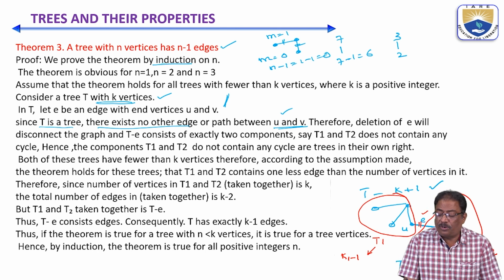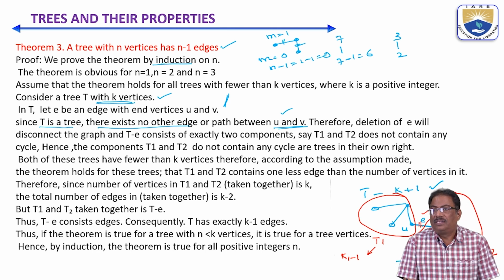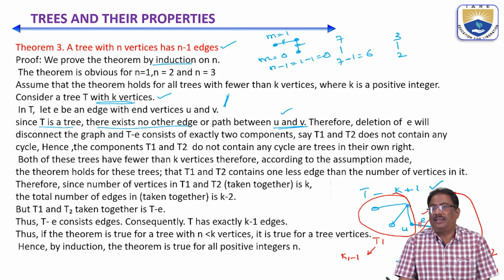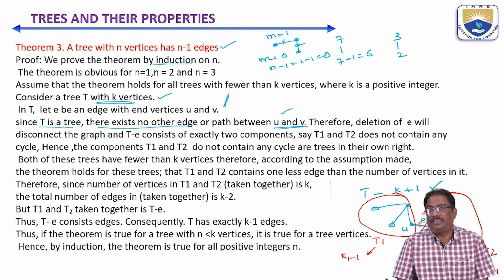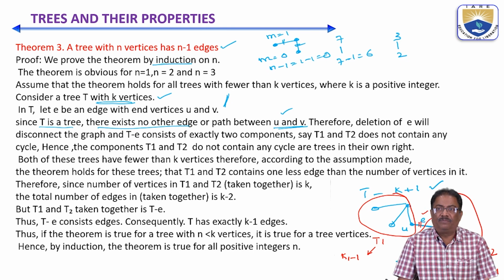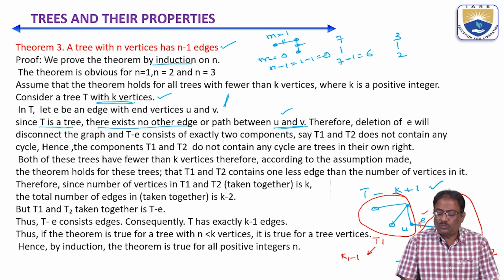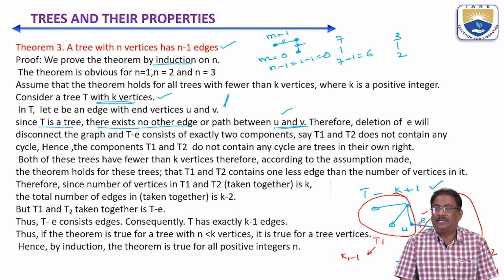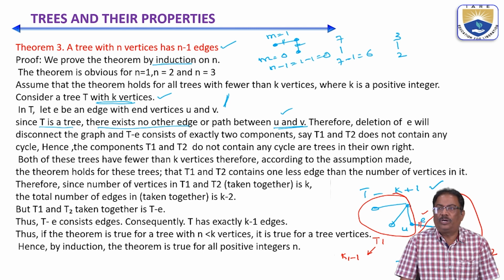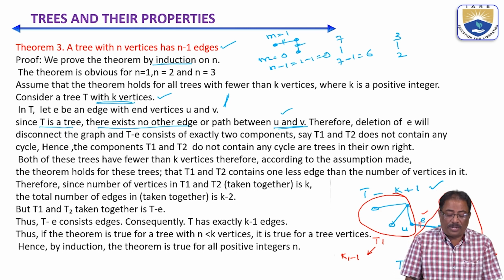Because whenever we remove one edge, the graph is disconnected and it is having two components, T1 and T2. Each one is nothing but a tree which does not have cycles. So T1 is having how many edges? k1 minus 1, because it is having k1 vertices, and T2 is having k2 minus 1 edges.